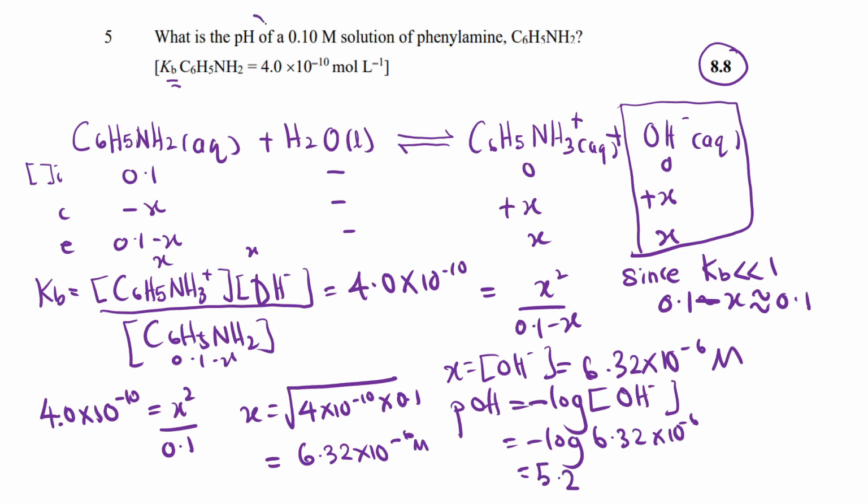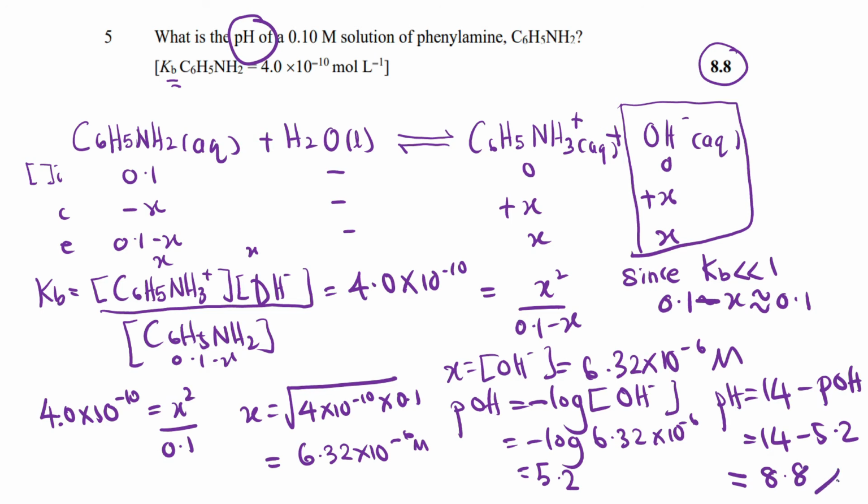Kita nak cari pH. Jadi pH is equal to 14 minus pOH. So 14 minus 5.2. So the final answer kita dapat 8.8 pH. Alright, so itu adalah untuk soalan nombor 5, question number 5.